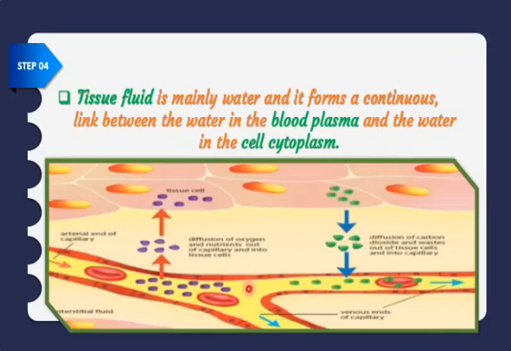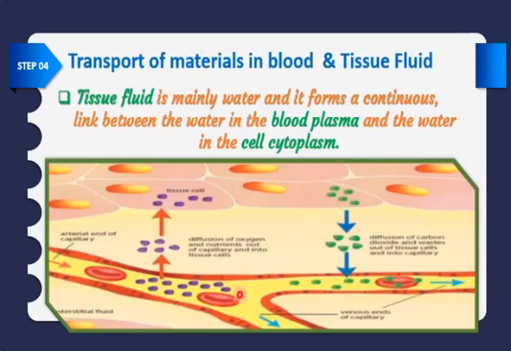The blood mainly contains plasma flowing in the capillaries, and RBCs carrying oxygen. The plasma in the blood capillaries has a link through the holes of the capillaries to the outside tissue fluid, so the materials from the blood move into the tissue fluid, and from the tissue fluid they are absorbed into the cells.